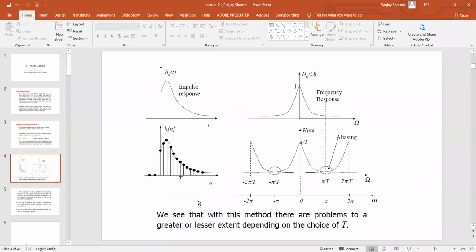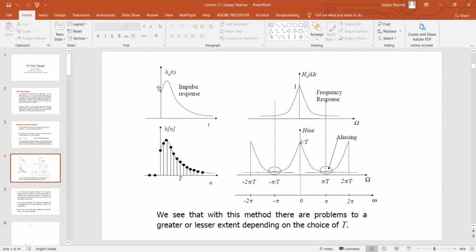So this is the diagrammatic explanation of that. We have already seen these things, but let's once again see. Let's say this is h_a(t), the impulse response of some filter, right? And H_a(Ω) is the frequency response of this analog impulse response once we take the Fourier transform in the continuous domain, right?